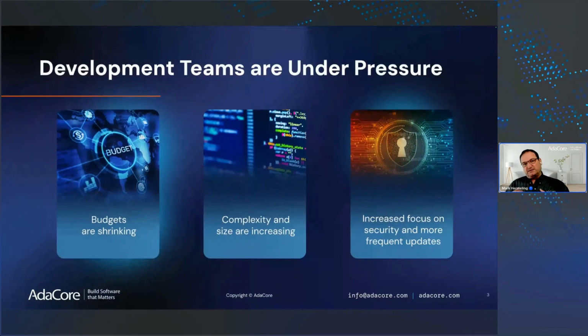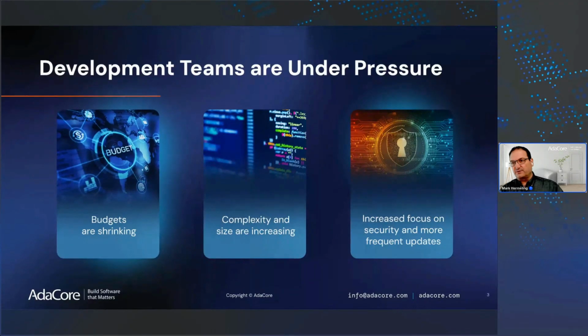And then the amount of functional safety and security concerns in those devices has gone up significantly as well. Functional safety, again, if you look at the car, the display needs to be safe to a certain extent. And then security, with regulations such as the Cyber Resilience Act and the investment in CISA in the US, software development teams have to deliver more frequent updates on the software that they're working on, right?